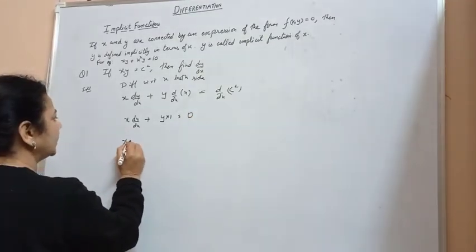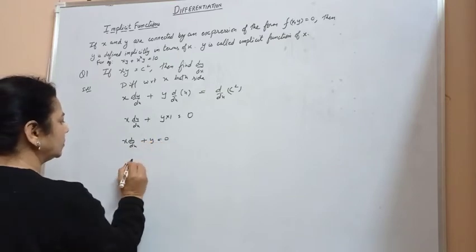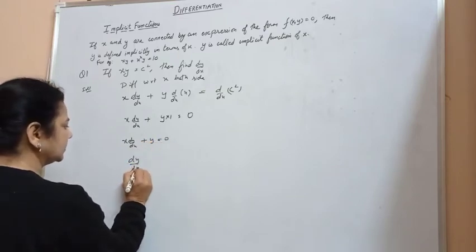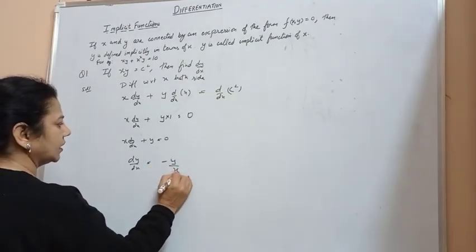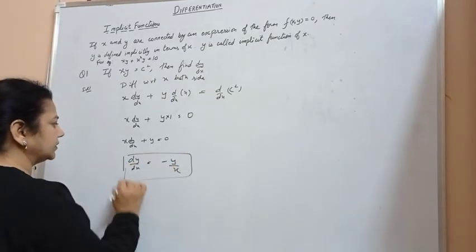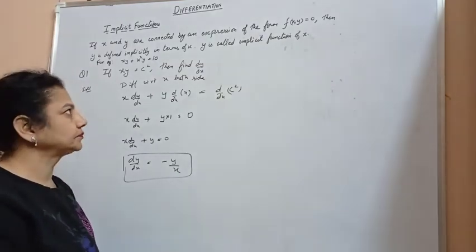So I get x dy by dx plus y is equal to 0. So dy by dx is equal to minus y upon x. So the derivative of this function is dy by dx equal to minus y upon x.